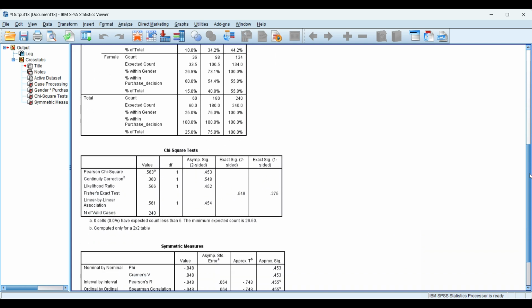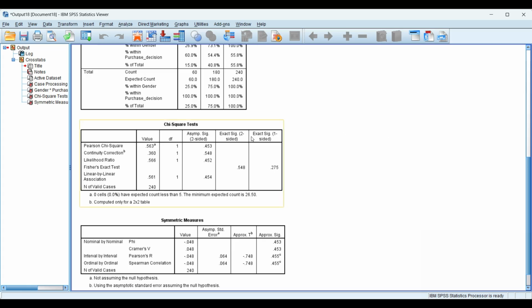On the other hand, we can see the chi-square test. The Pearson chi-square value is 0.563, which is not significant because the significance value p is 0.453, which is greater than the significance level we set as 0.05. So it means there is no association.